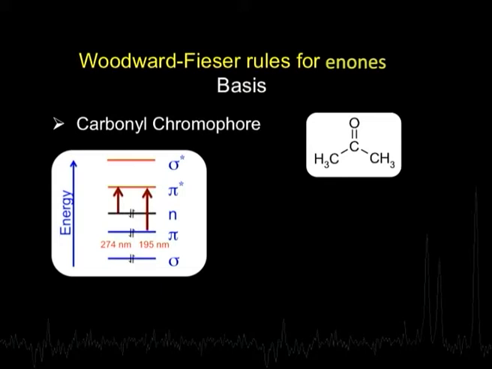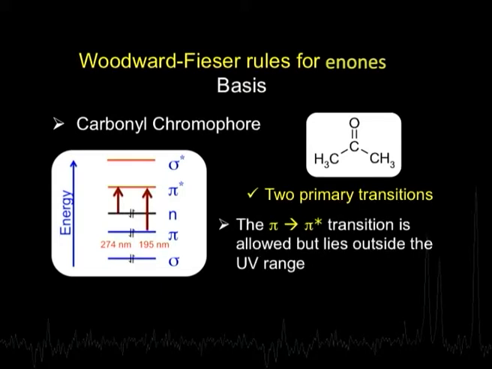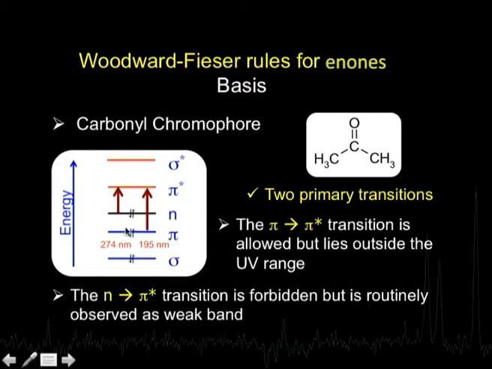And the possible transitions in this case are of two types. One is the pi to pi star transition. That means the transition takes place from the molecular orbital pi to pi star, and this is observed somewhere around 195 nanometers. This is an allowed transition, but it occurs outside the range of the UV visible spectrum. And the second transition is the n to pi star transition.